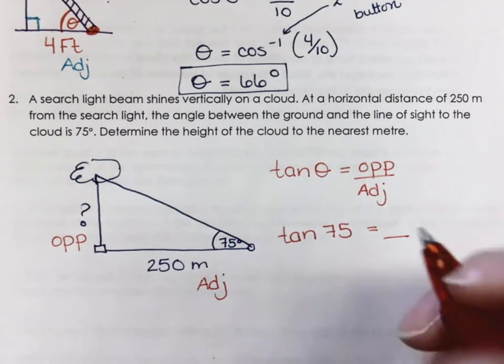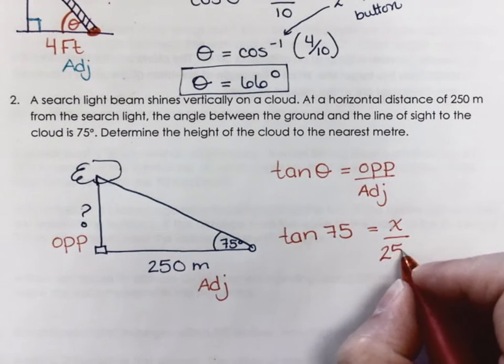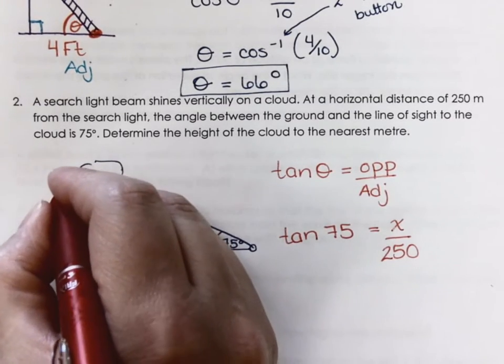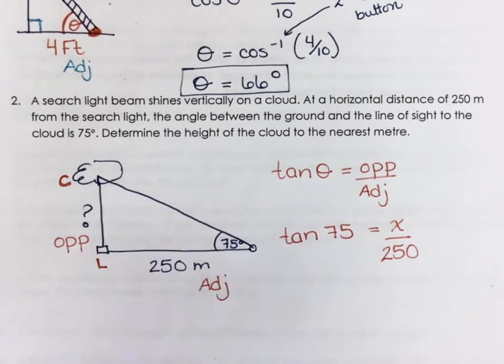So we're going to use X. And then the 250 on the bottom. Yes, Rahat? It's okay if you use CL, like this is the cloud, and then that is the light. Yeah, for sure. That's perfect.